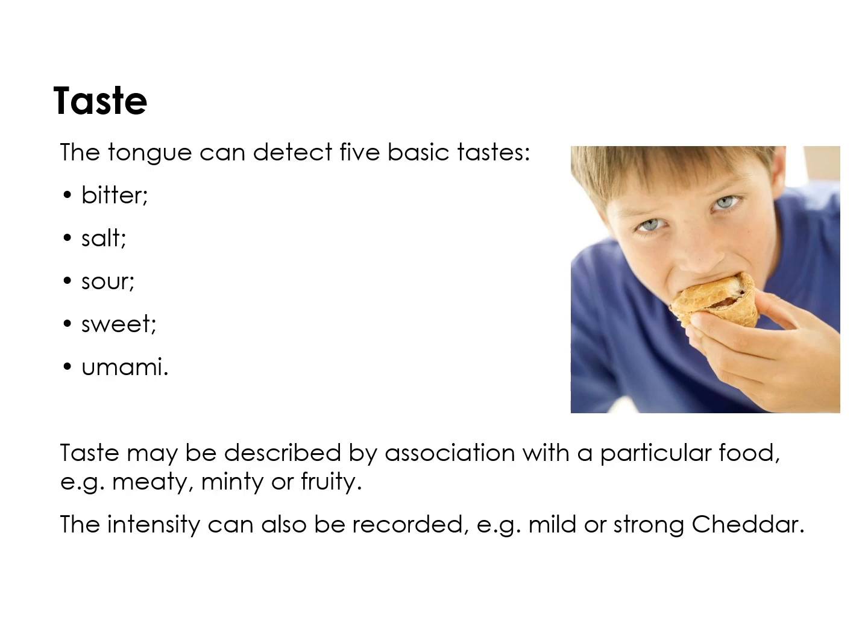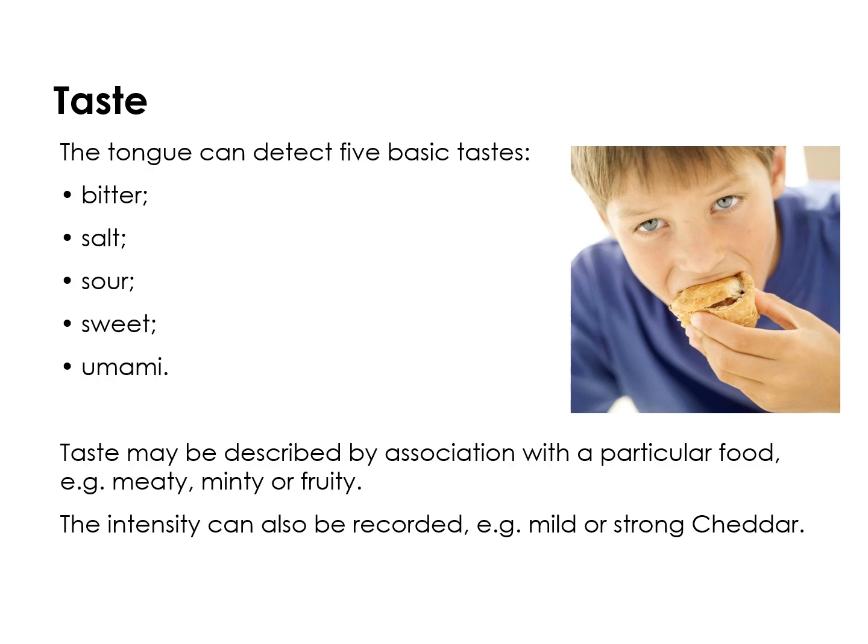Taste. The tongue can detect five basic tastes. Those are bitter, salt, sour, sweet, umami. The taste may be described by association with a particular food, like meaty taste, minty or fruity taste.